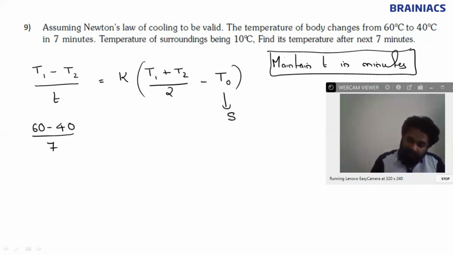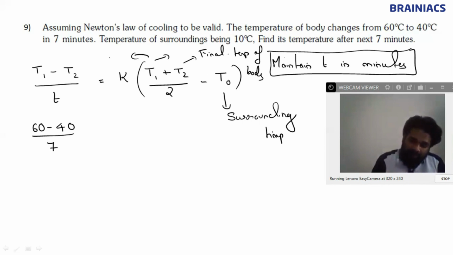This is the surrounding temperature. T1 and T2 are the final and initial temperature of the body. Remember, this is a constant.